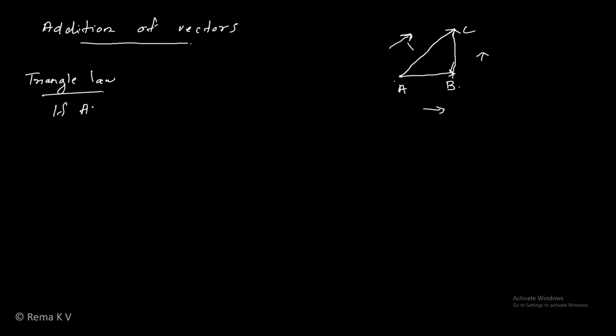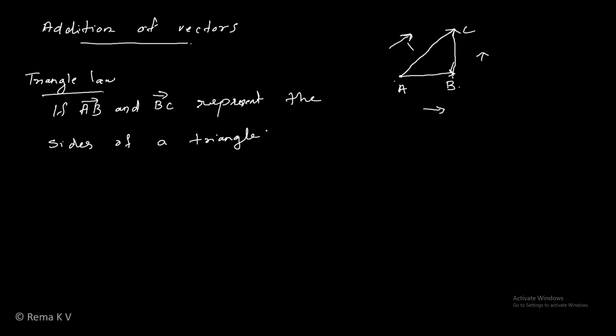If vector AB and vector BC represent the sides of a triangle, then the sum of the vectors AB plus BC.